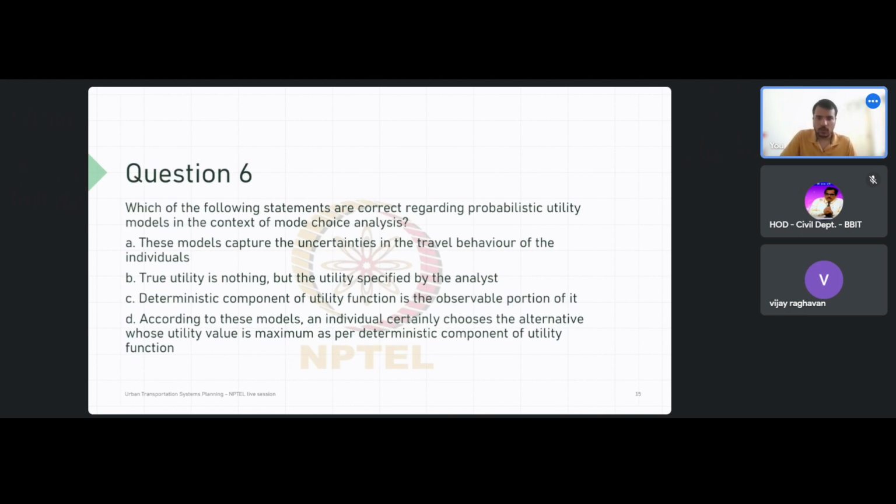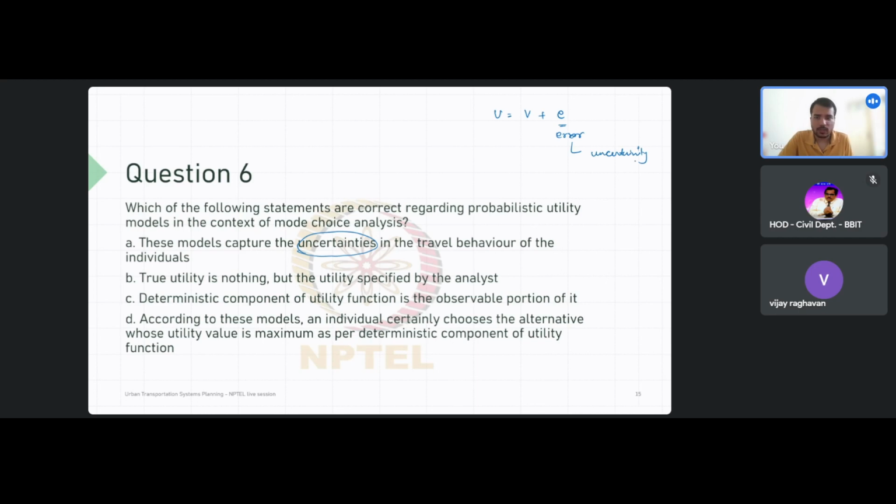Okay, let's discuss each option one by one. So first is, these models capture the uncertainties in the travel behavior of the individual. In these models, what we use is U is equal to V plus e. So here we have an error term, and that error term is the representative of the uncertainty.